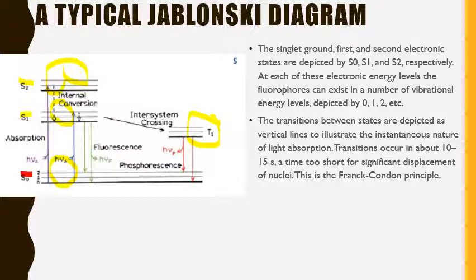Here it is shown that when you give energy, the molecule moves to an excited state. Then after this, it moves down, which is called internal conversion. And finally, the emission takes place from the lowest energy level.